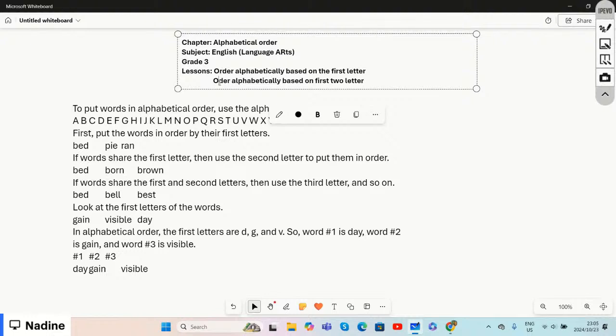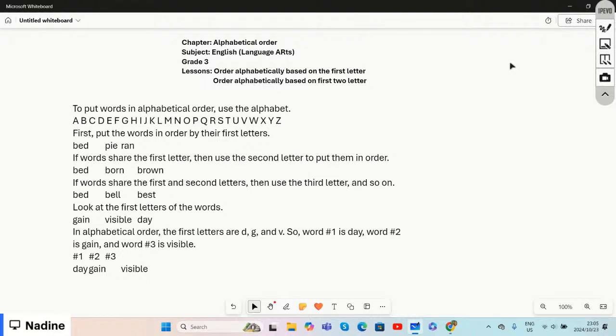And then the lessons that we are going to be focusing on under the chapter of alphabetical order, it's to order alphabetically based on the first letter, and to order alphabetically based on the first two letters. So that is going to be our lessons for today under our chapter of alphabetical order.